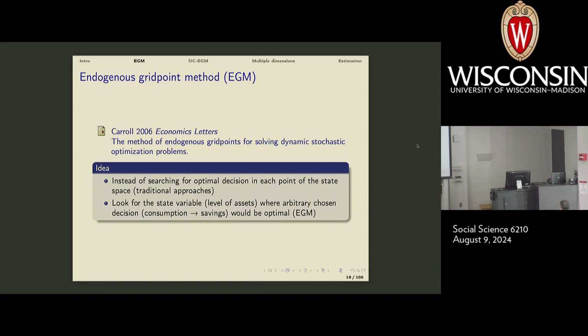OK? So if I consume this much, what level of wealth would I have to have in order for this consumption to be optimal? You can see that now the level of wealth becomes endogenous, in a sense, in this numerical procedure, because I start with the level of consumption. And this is the main idea of the whole method.